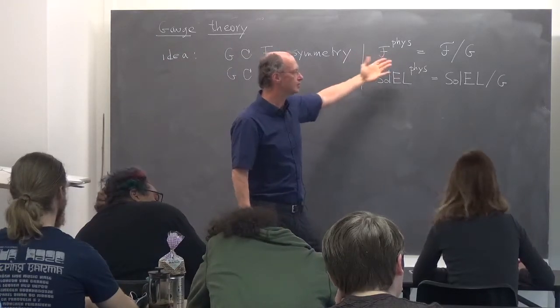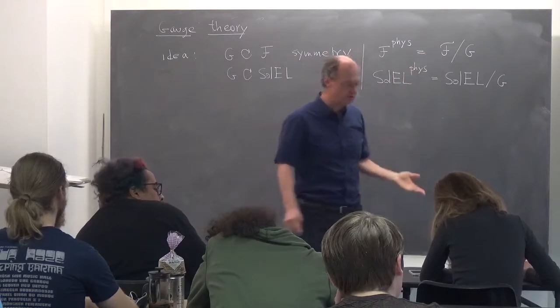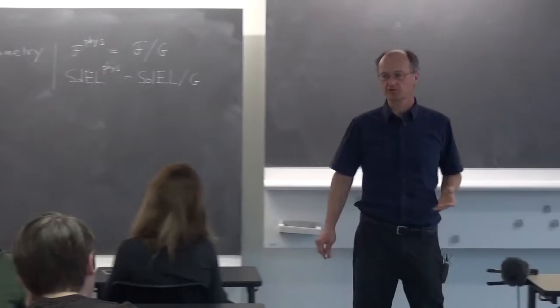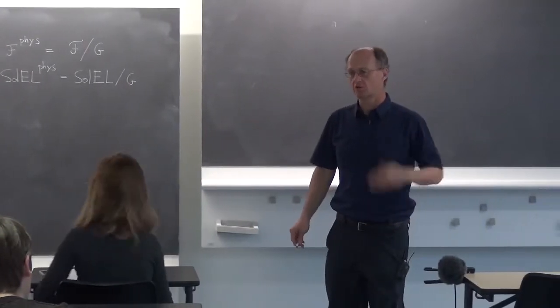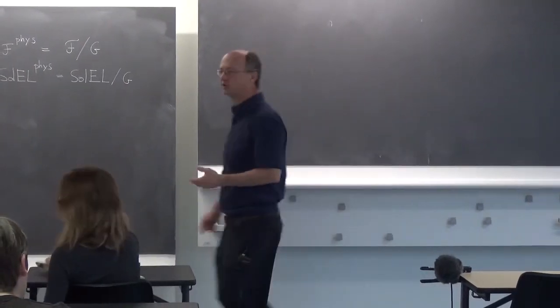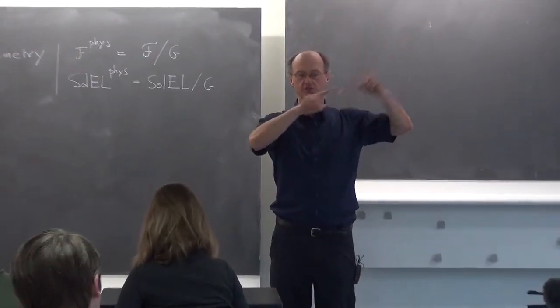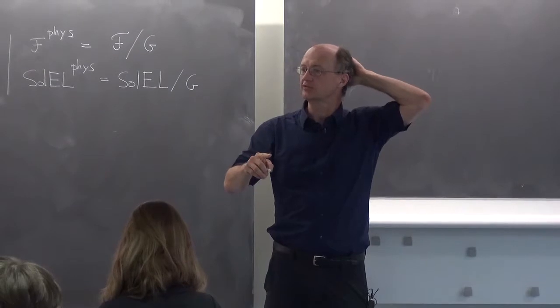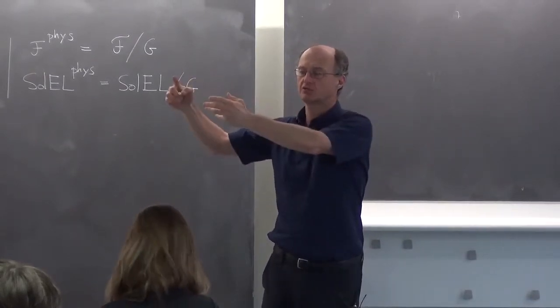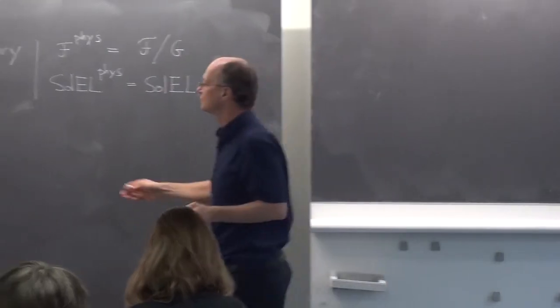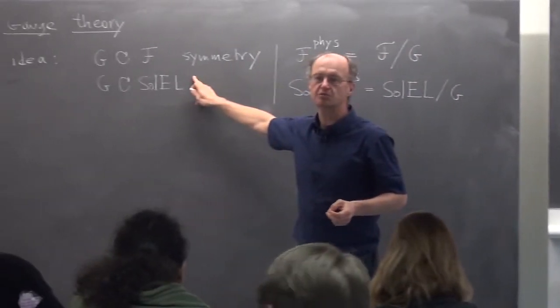When we talk about a symmetry, we're saying there is a group, it acts on the space of fields, the action of our Lagrangian behaves well under the action of the group. And so once we have a solution of the Euler-Lagrange equations, we can act on it by the group action and we can obtain another solution. So that's what we say when we speak about a symmetry.